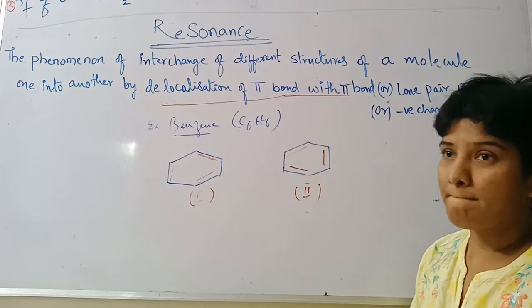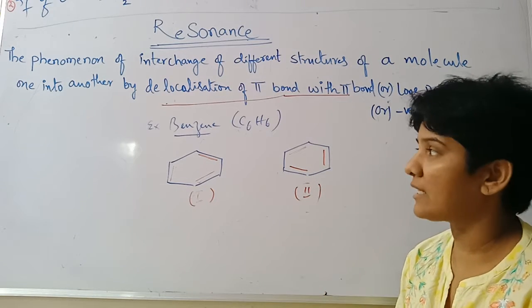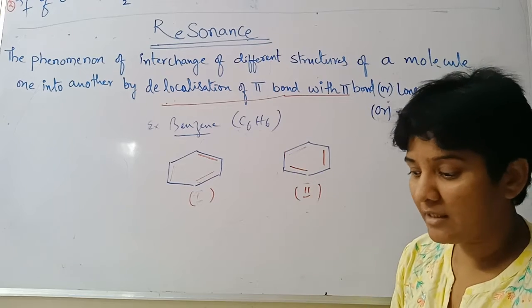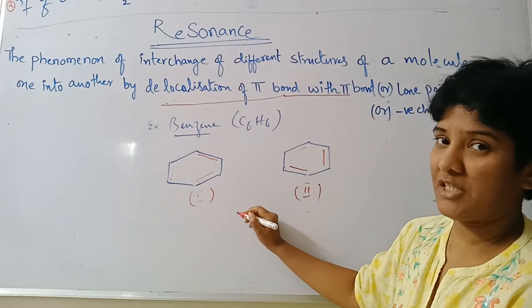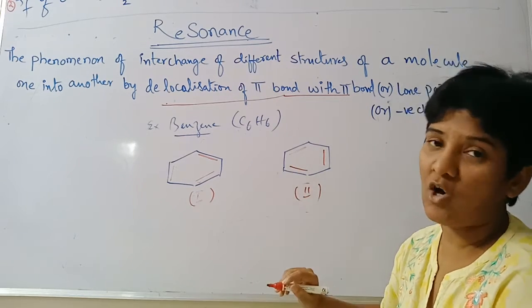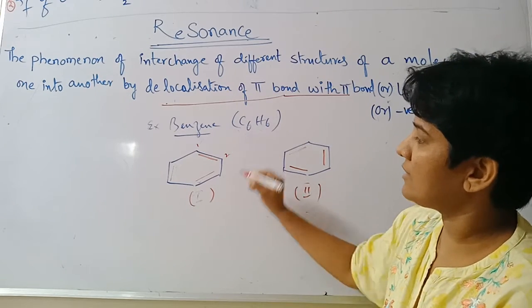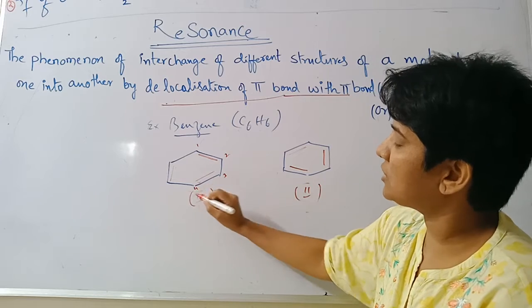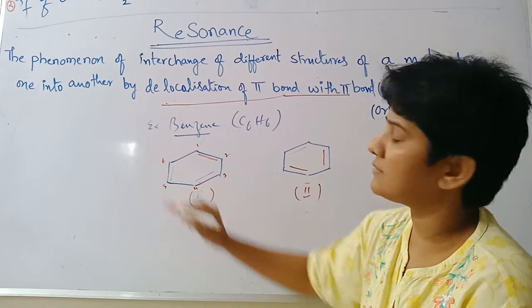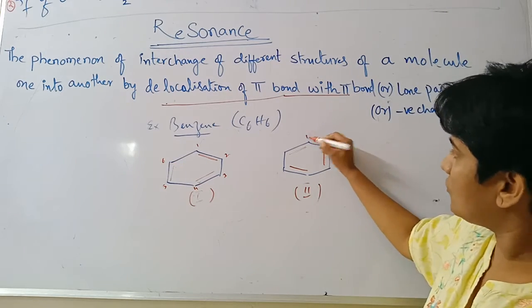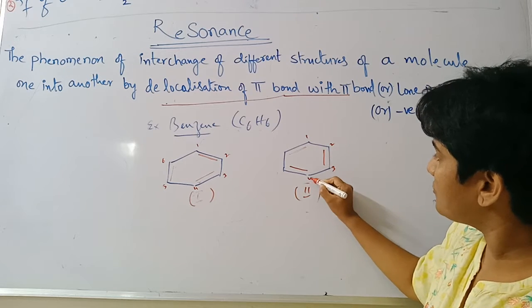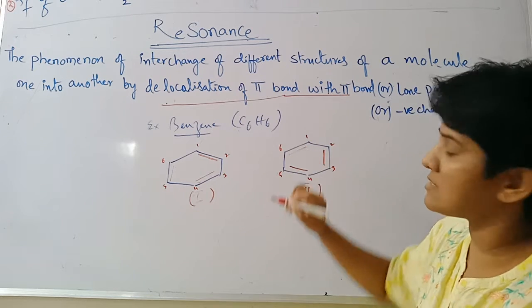Both are the same, but if you keenly observe, these two structures are different. If you give numbering to each corner, that is, the carbons, this is the first carbon, second, third, fourth, fifth, sixth. Here also 1, 2, 3, 4, 5, 6.